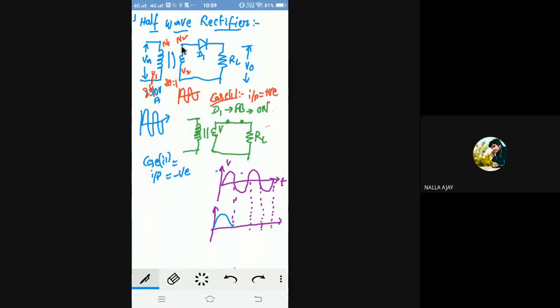Now, negative is connected to the P-type material of diode D1. Is the diode in forward bias or reverse bias condition? Reverse bias. So it is acting like an off switch.